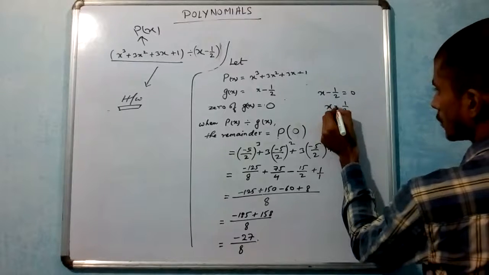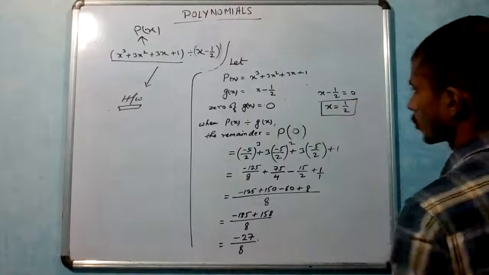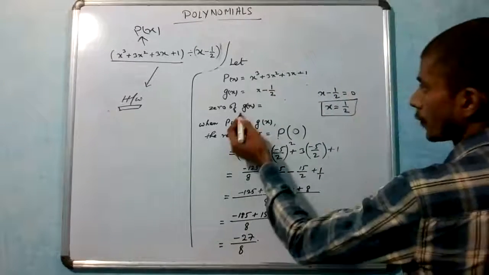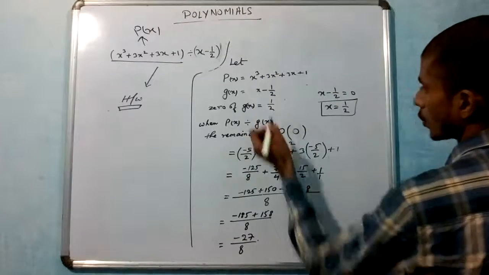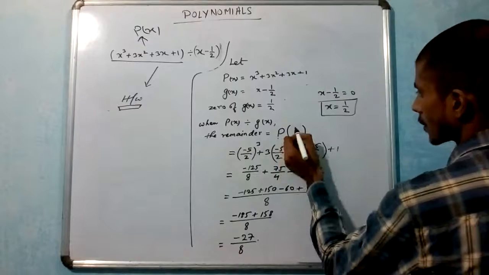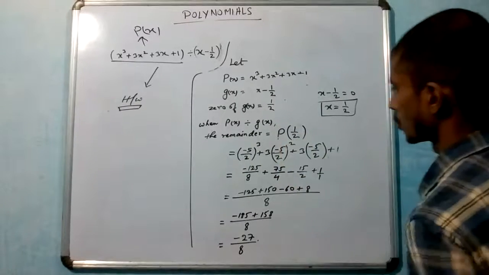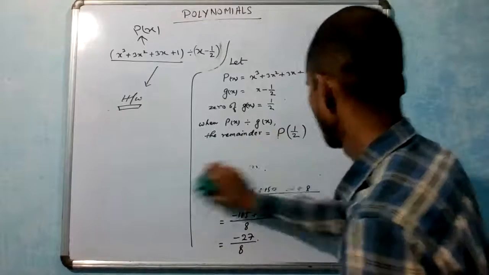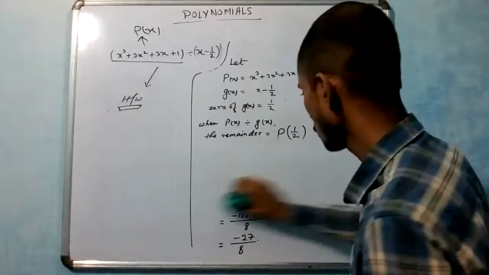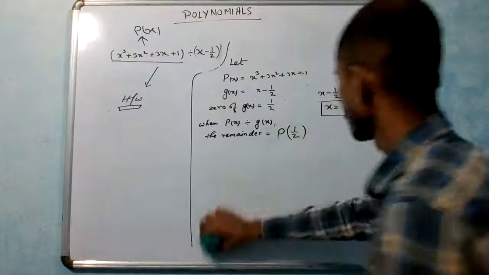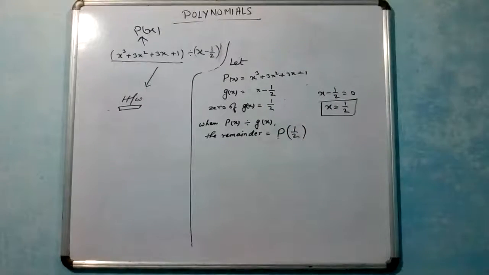So the 0 of gx is 1 by 2. And to get the remainder, we have to find p of 1 by 2. It's easy, you can find p of 1 by 2 now. We have done the bigger one, so you will get the remainder.